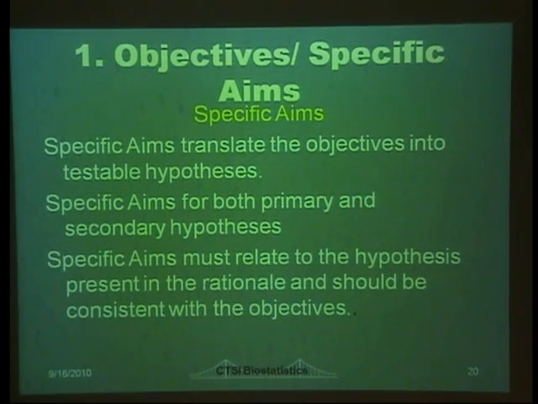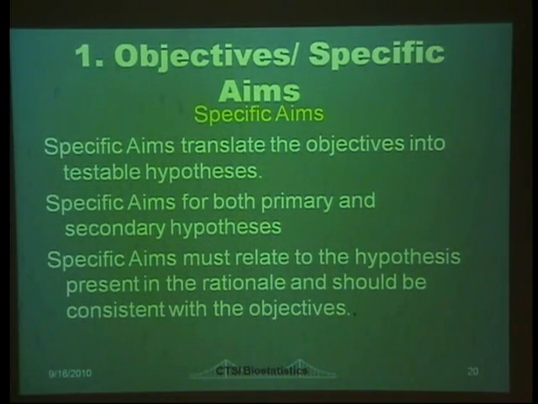A specific aim may be to show that people on this exercise program lose at least 10 pounds in the first month of the program. So we can take that hypothesis and translate that directly into a test by taking their pre and post weight and testing whether that difference is bigger than 10.